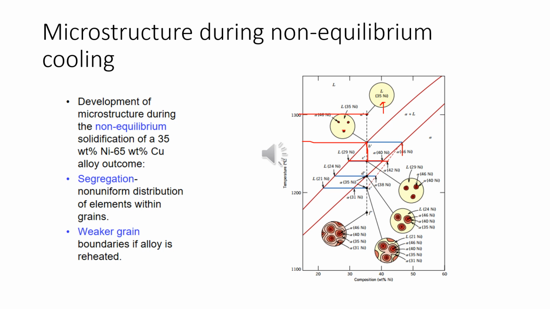The liquid composition now has shifted to 29% weight of the nickel and 71% weight of the copper, because 100 minus 29 is 71. Furthermore, at this temperature, the composition of the alpha phase that solidified is 40% weight nickel, 60% weight of the copper.